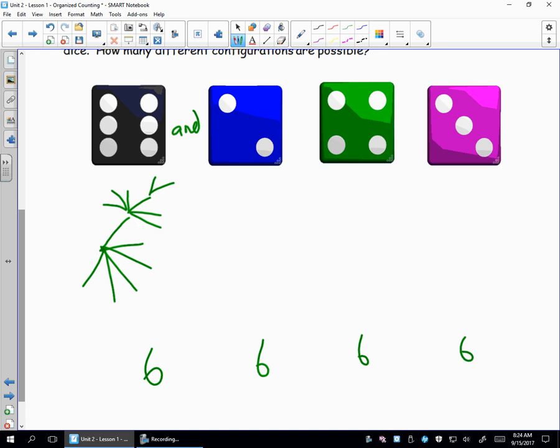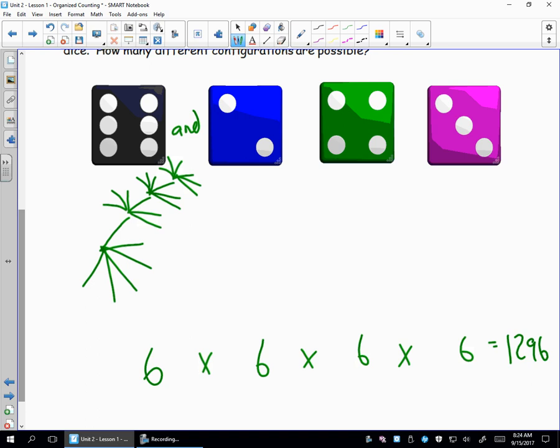So these tree diagrams are starting to get pretty messy here. Do I really want to make that? I've only done one branch of the tree diagram, but the math is way easier by just doing the calculation. So 6 times 6 times 6 times 6 gives us 1296.